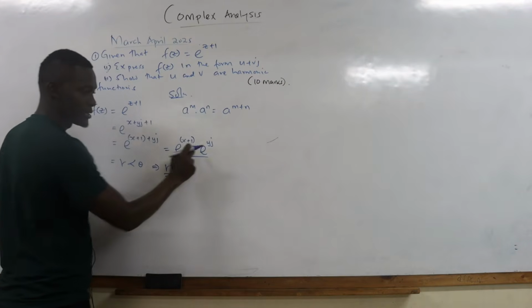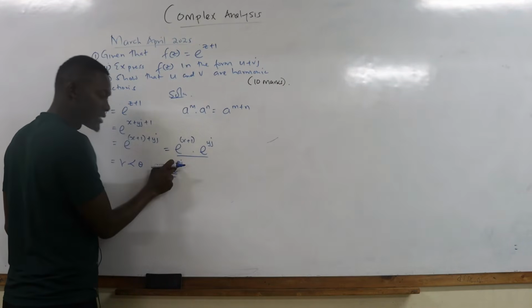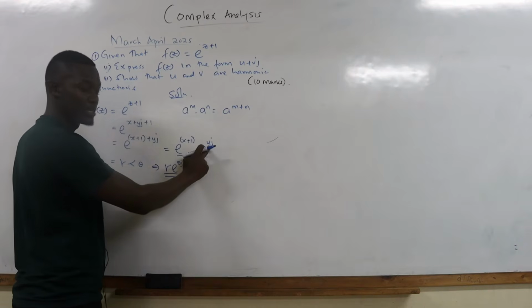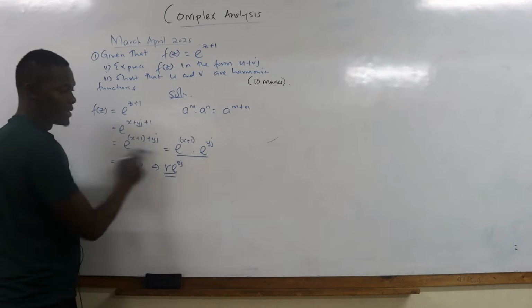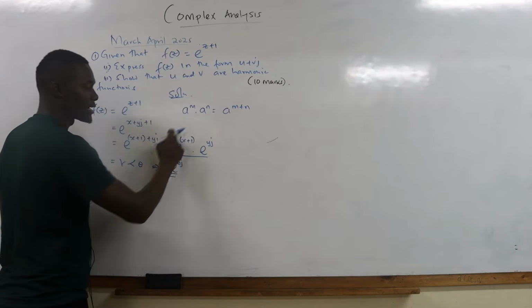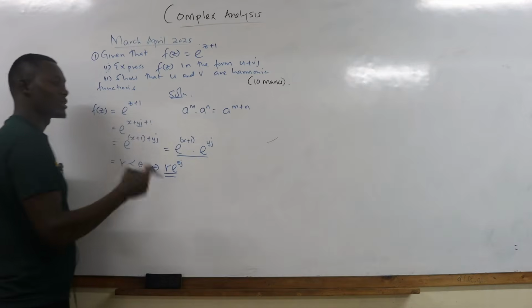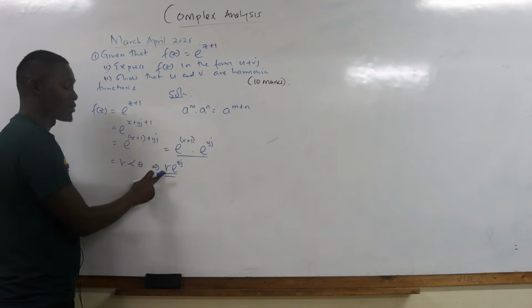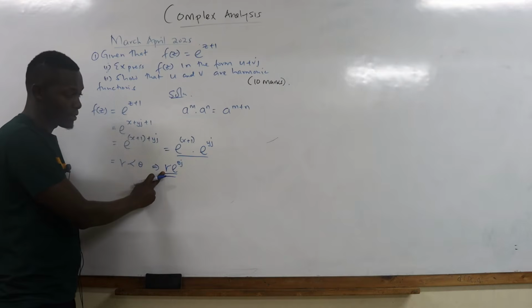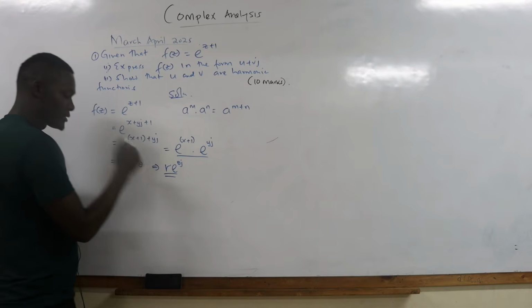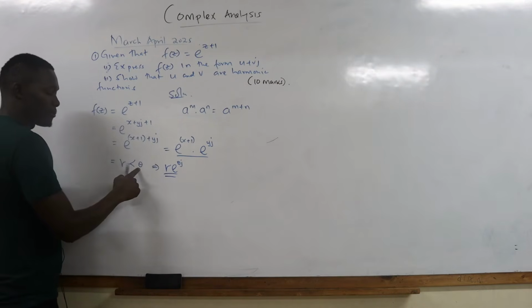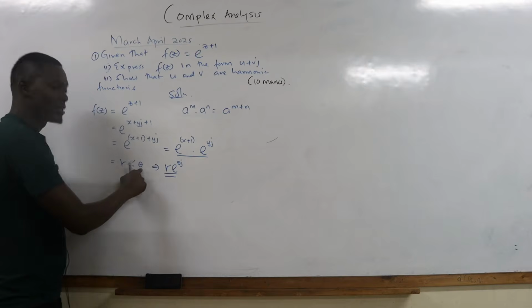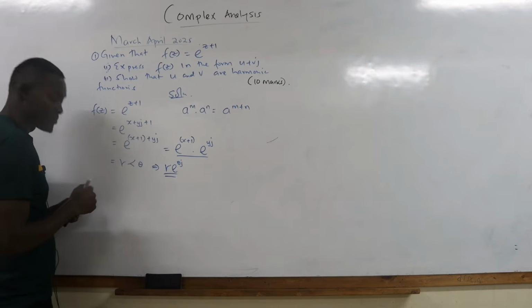So in this case, our angle theta is represented by y. And this part here is a real part because it does not have a j, so it can represent the r. Are we together? Now, in polar form, the angle theta is just a short representation.